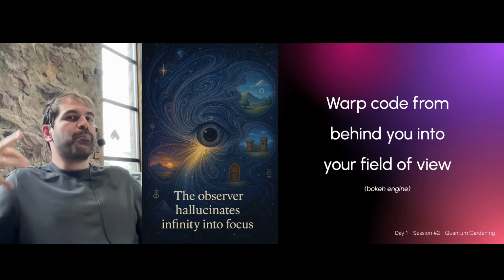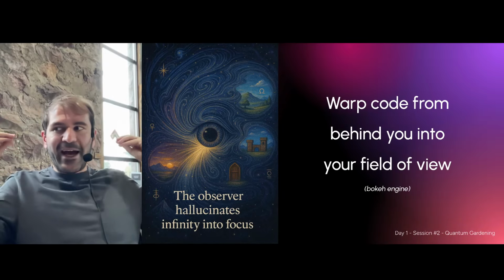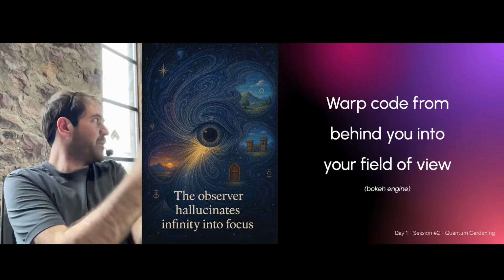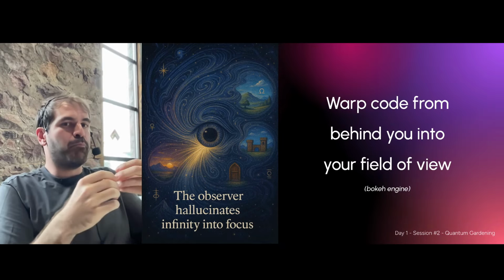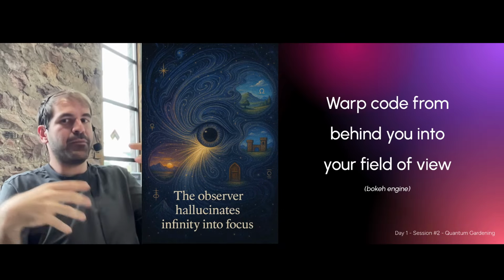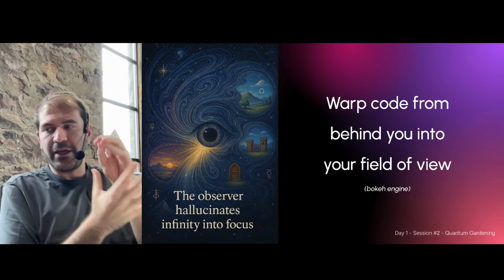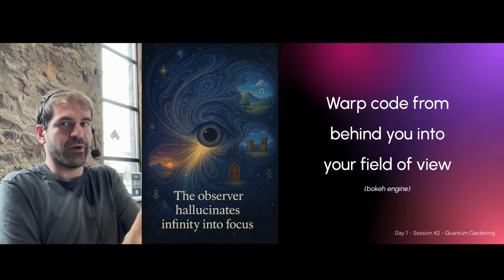So we're warping code from behind us into our field of view like a bokeh engine. The observer is hallucinating infinity into a focal point, into a single rendered experience.